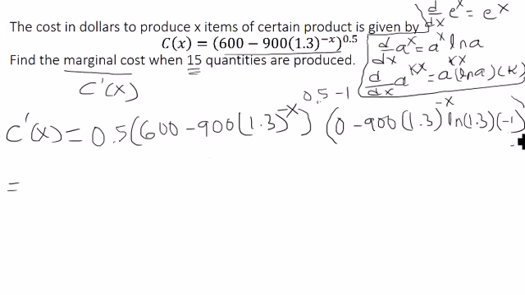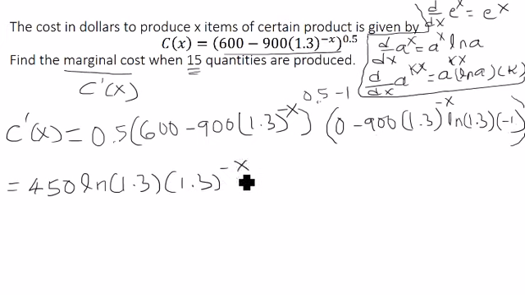So these things will all multiply together, so two negatives will become a positive, and 900 times 0.5 is half of 900, which is 450. So I did it in my head. You can use a calculator if you want. Times, so I'm doing the second part, which is just one expression here. So let's move that to the front. So it's going to be natural log of 1.3 times 1.3 to the negative x.